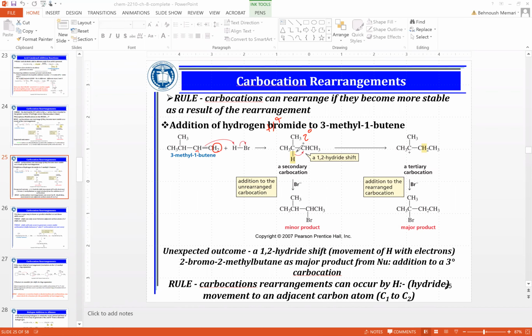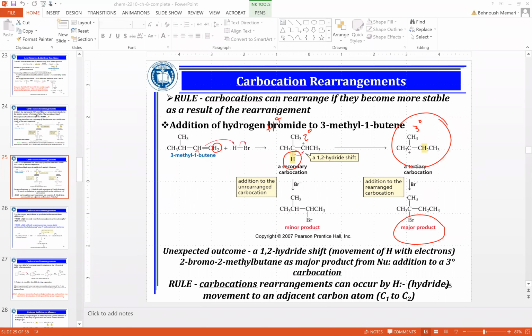So if you look at this molecule, by a hydride shift you can switch the plus charge with the hydride, and then you end up with a tertiary carbocation. So this 1,2 hydride shift is going to take place, and you have a tertiary carbocation, and that would yield the major product because a tertiary carbocation is a lot more stable than the secondary one. So two possibilities: hydride shift or methyl shift.